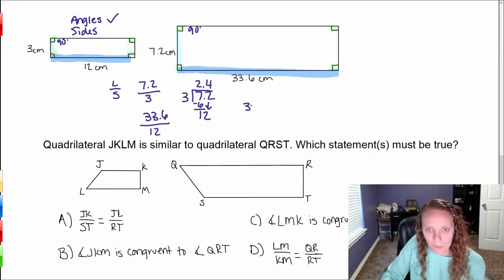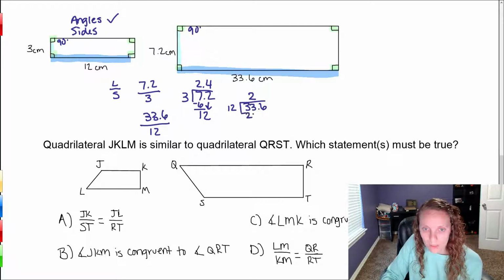So first number in, 33.6 inside, and then 12 outside. 12 goes into 33, 2 times, minus 24 would be 9. Bring up the decimal, bring down the 6. And I'm just going to say now that 12 does go into 96, and that would be 8 times. 12 times 8 is exactly 96.